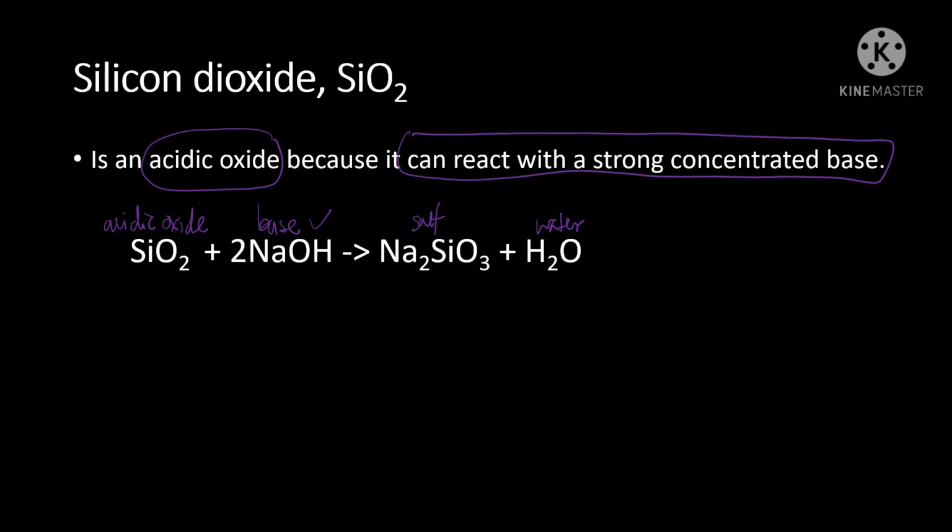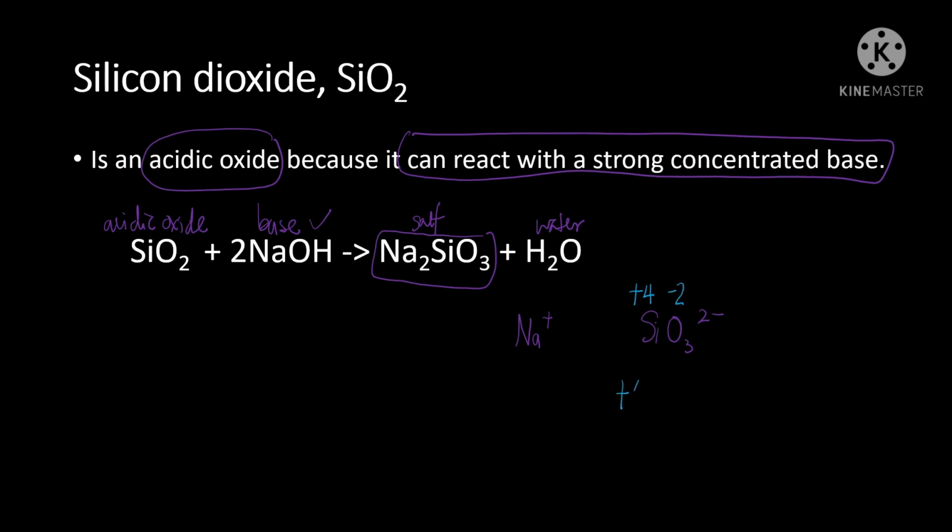Since it can react with the base, this indicates that the silicon dioxide is an acidic oxide. How do we get the chemical formula for sodium silicate salt? For sodium ion, it is a group 1 element, so having the oxidation state of positive 1. So sodium ion having the charge positive 1. While for the silicate ion, the total charge is 2 negative because silicon in the silicate ion having the oxidation state of positive 4 since it is group 14 element, and the oxygen in the silicate ion having the oxidation state of negative 2.